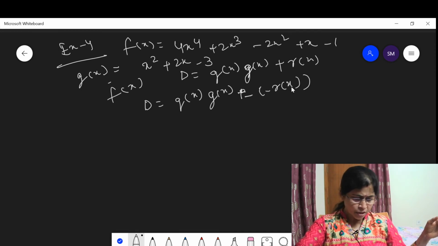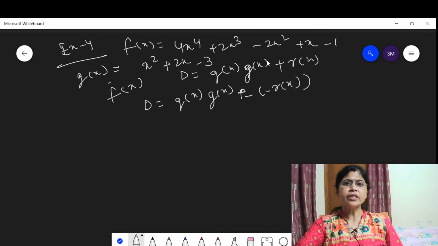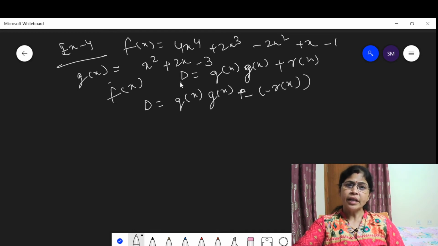As you know, D is equal to small divisor into quotient plus remainder. Then the question says what should be added to the dividend.